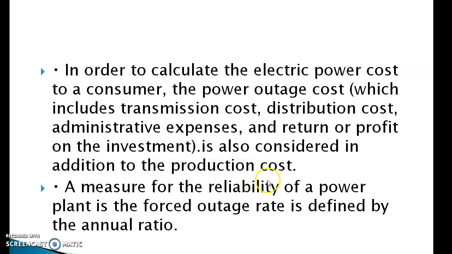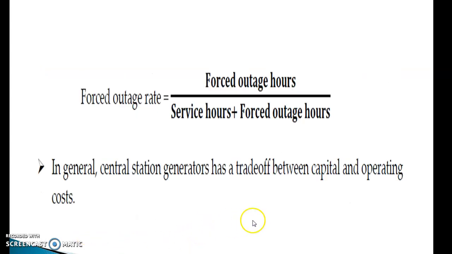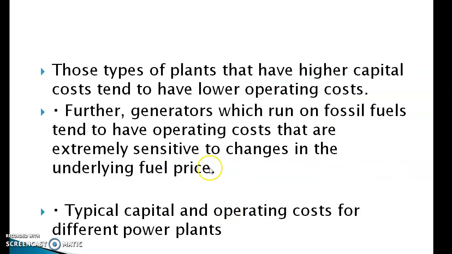A measure of the reliability of the power plant is the forced outage rate, defined on an annual basis. The forced outage rate is equal to forced outage hours divided by service hours plus forced outage hours. In general, the central station generator has a trade-off between capital and operating cost.